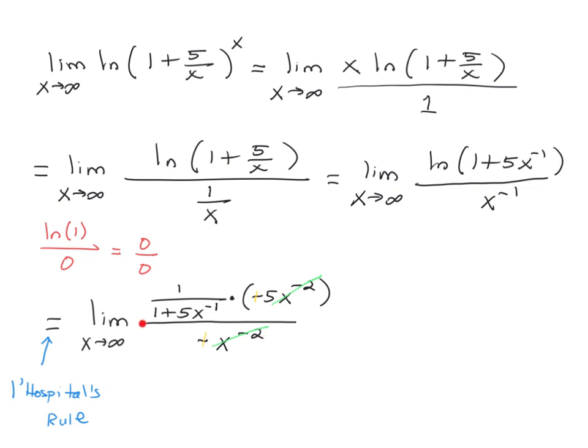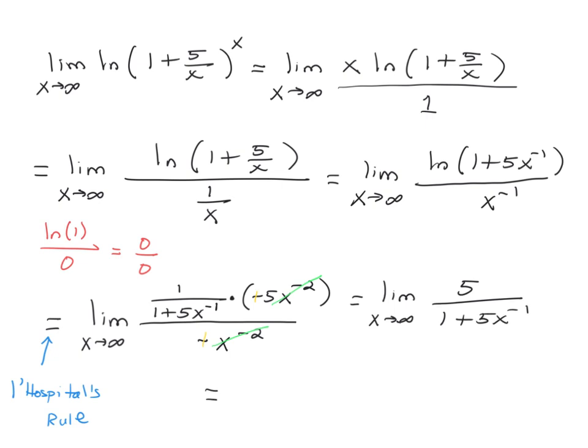For this reason, I'm not going to write this fraction or the 1 that's left over in the denominator. I'm just going to write this part here, multiplied by 5, and I'm going to put that 5 into the numerator of this fraction. So this is equal to the limit as x approaches infinity of 5 over 1 plus 5x to the negative 1.